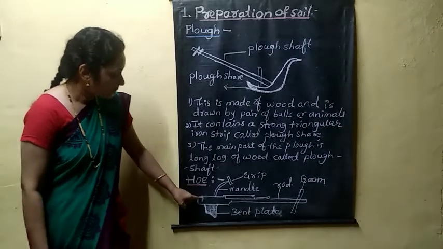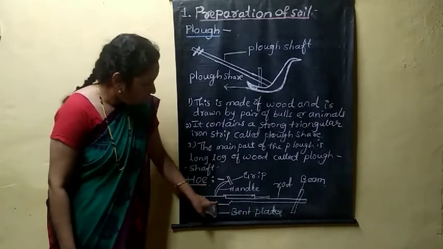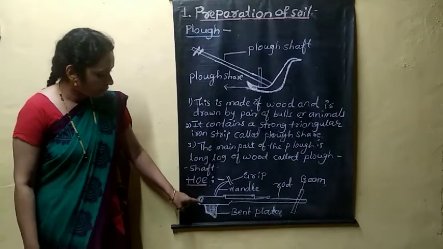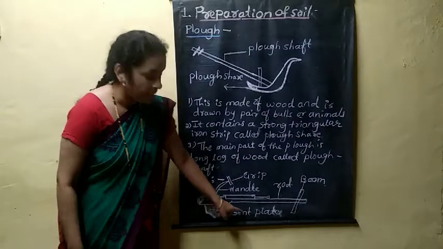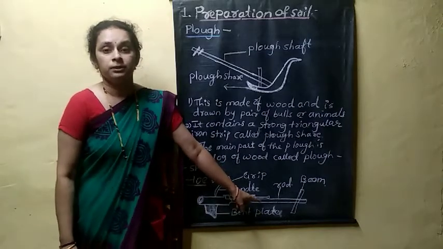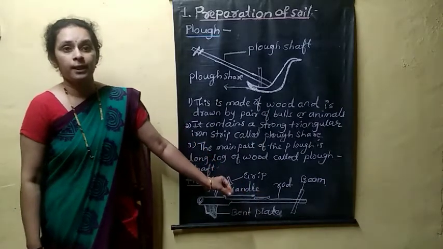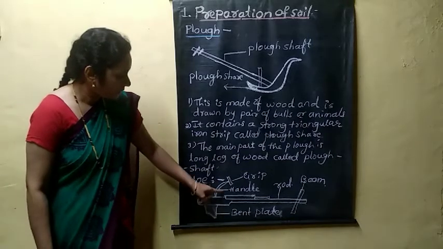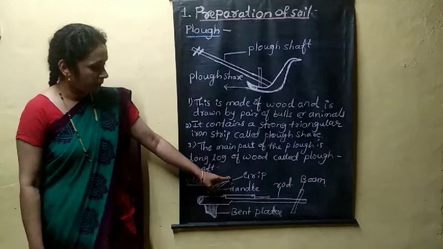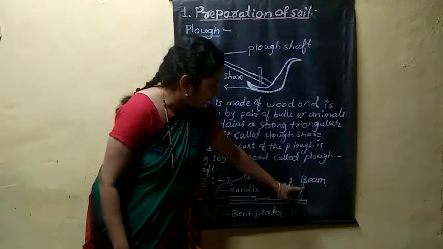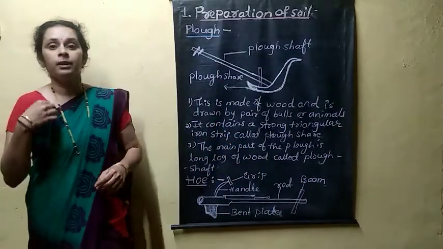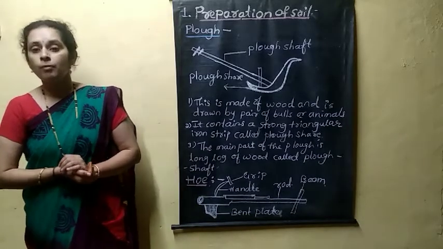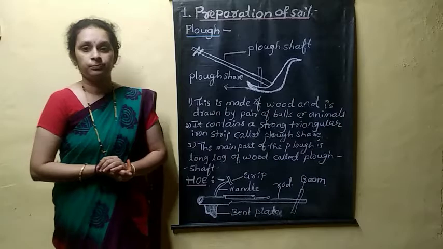The hoe is made of a long iron rod, and at one end there is a bent plate that acts like a sharp blade. On one side it has a handle with a grip, and on the other side a beam that can be operated with the help of a pair of bulls.